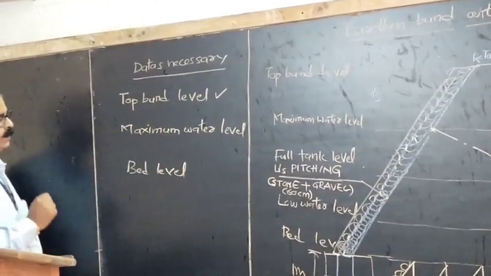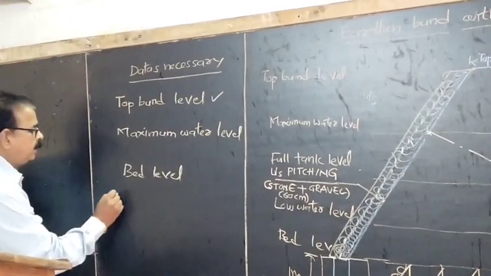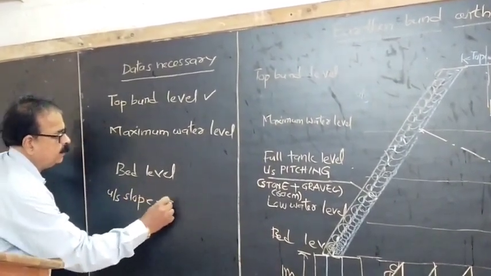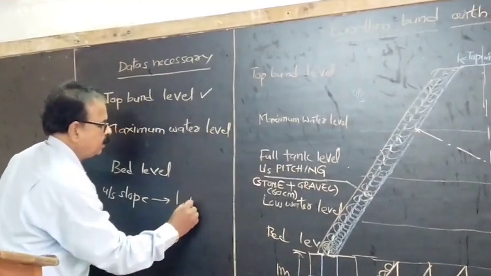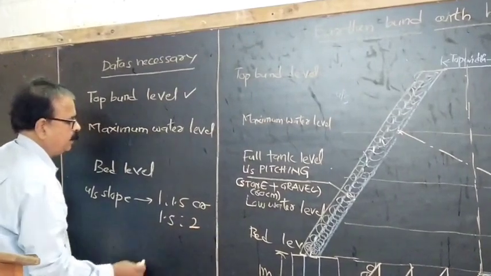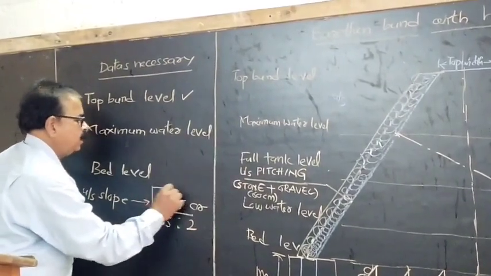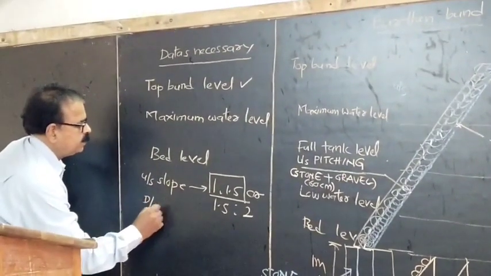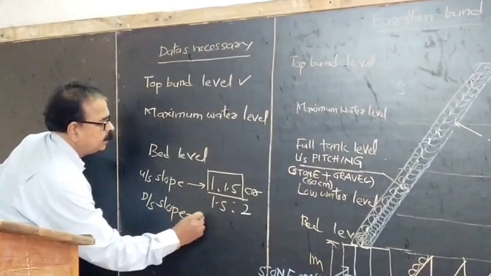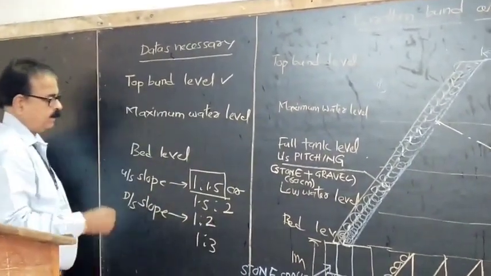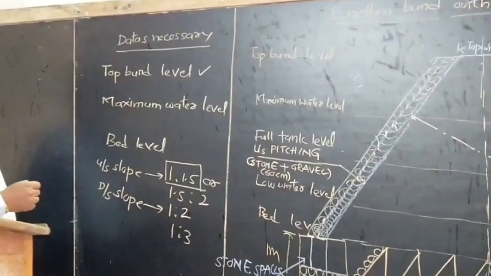We have to assume some of the dimensions. That is the upstream side slope, normally taken as 1:1.5 or even 1.5:2, but the standard is normally 1:1.5. That depends upon the nature of the water. The downstream side slope is also taken as 1:2 or 1:3 depending upon the nature of the water.